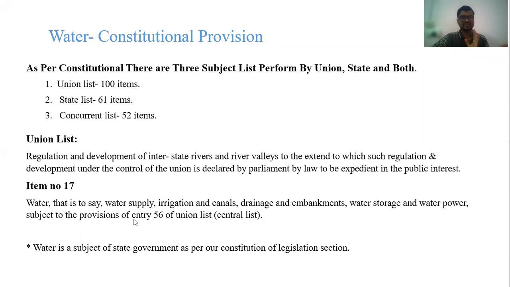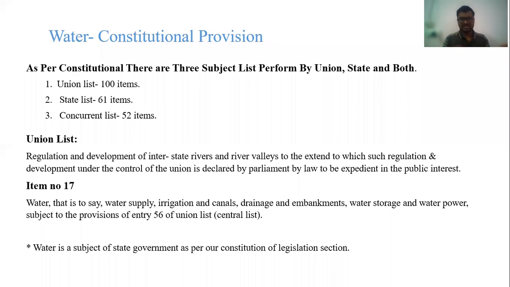They are subject to the provision of entry 56 of the union list, that is the central list. Then water is a subject of the state government as per our constitution, under legislation. म्हणजे पाणी हा जो विषय आहे, that is a part of the state government as per the constitution.